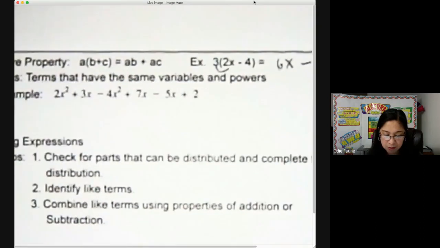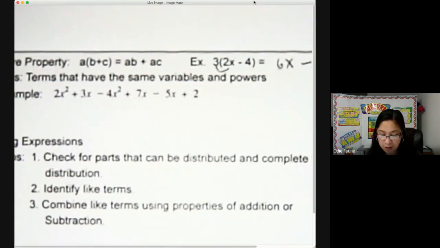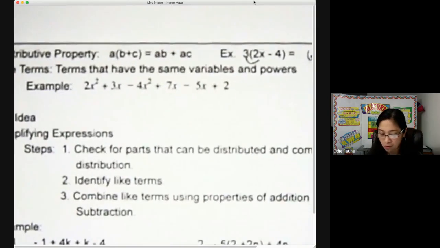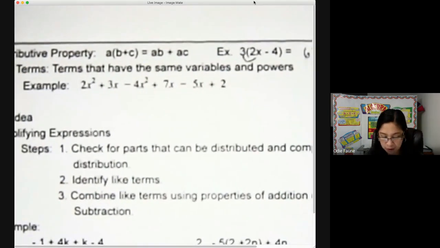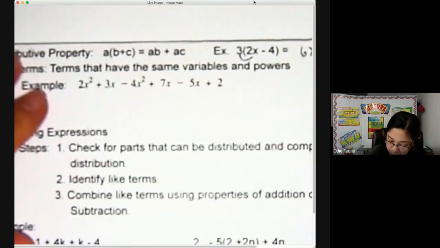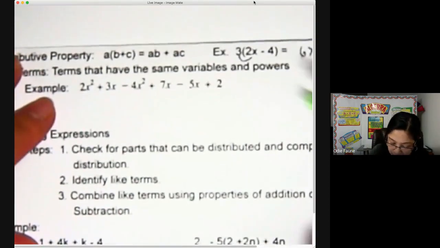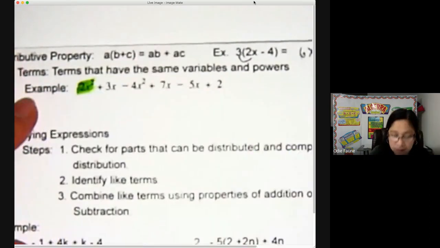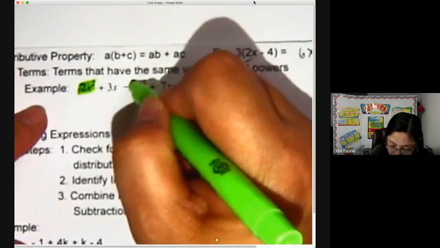Another is like terms. So what is like terms? Like terms are terms that have the same variables and powers or exponent. So which of the following are like terms? So here, I'm gonna use this colored thing, and this one are like terms.